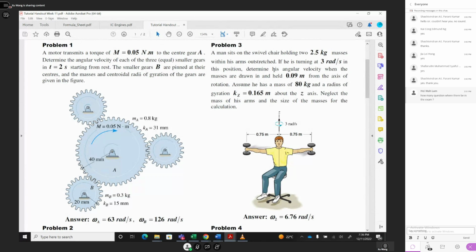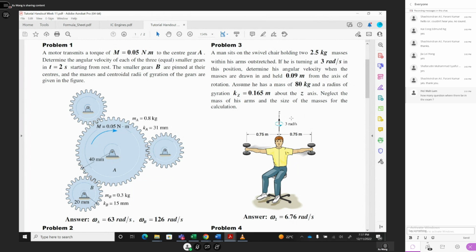Make a turn his chair. If he turning at omega equals 3 radian per second in this position, this turning should be his total kinetic energy equal to half I omega square. I is the mass times the radius of gyration square.